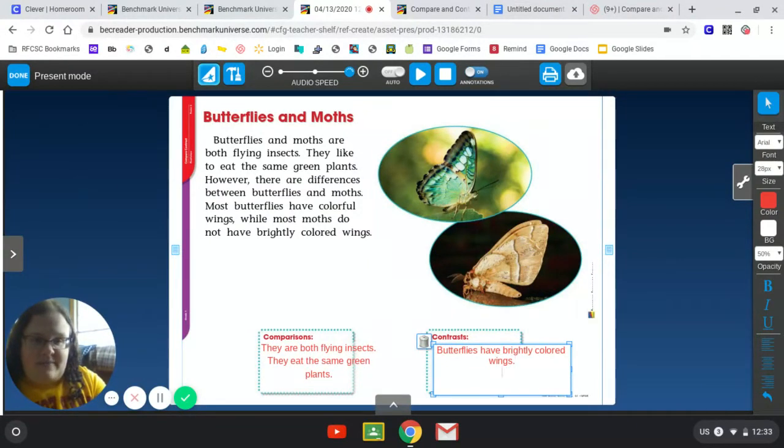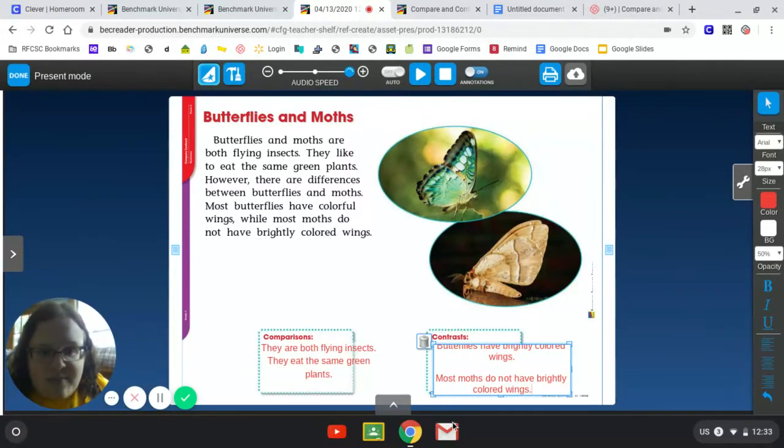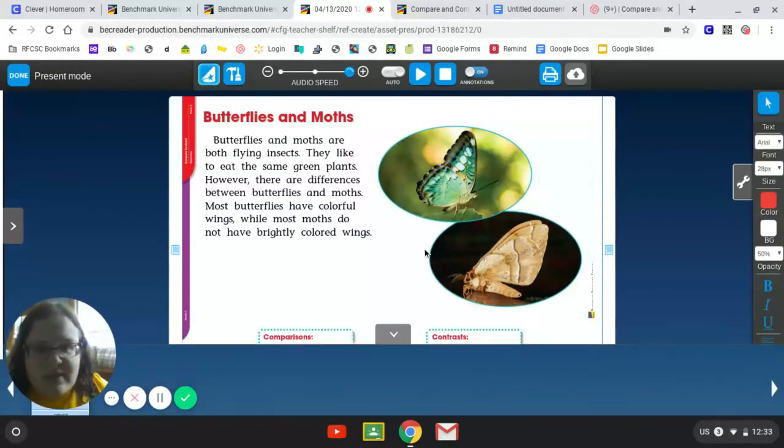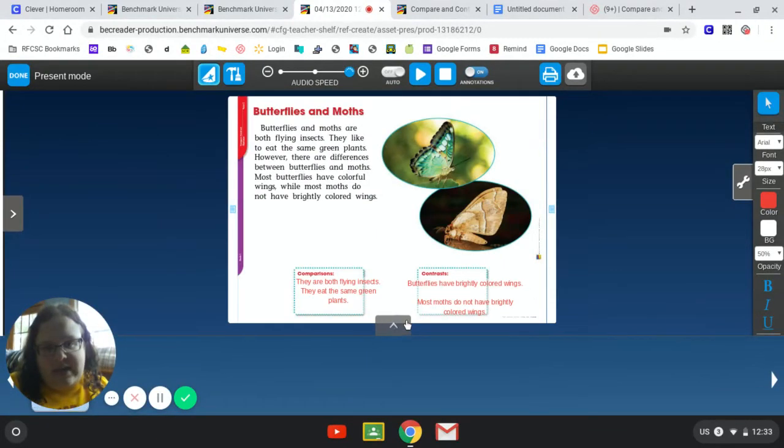And then they're different because most moths do not have brightly colored wings. All right, let's fix that text box so everything fits. There we go. Uh-oh, I did it again.